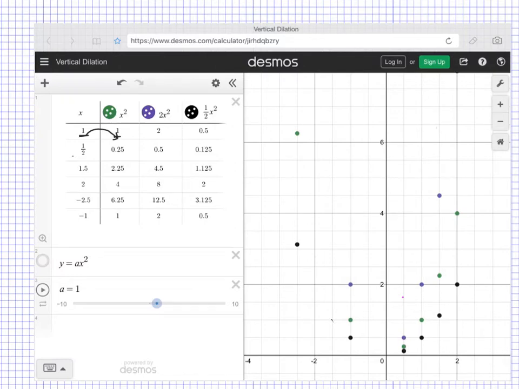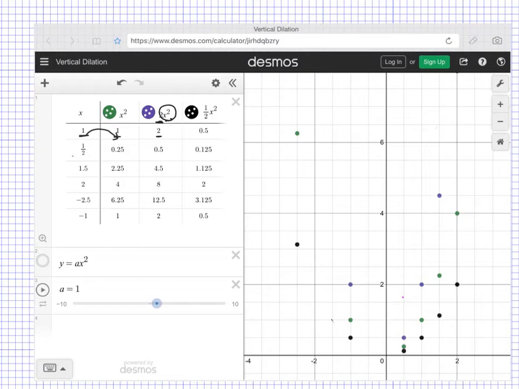Now, if I have a dilation factor of 2, that means that I square 1 and then multiply it by 2. And you can see there that the purple one has moved straight up to the new location of input 1, output 2.